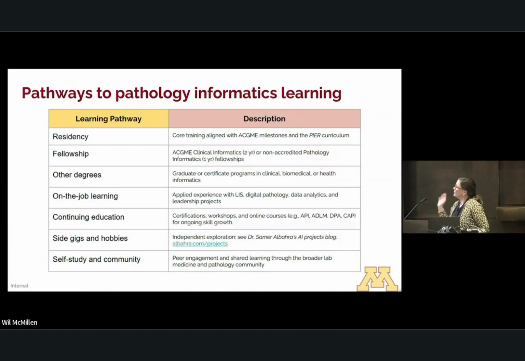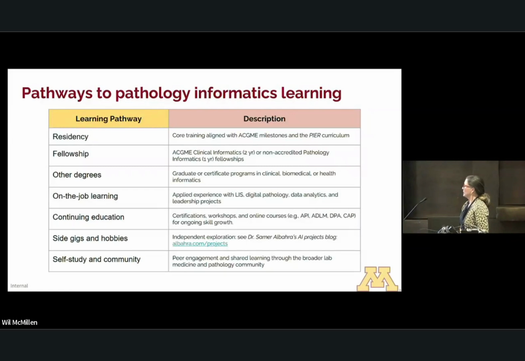So this graph or table highlights the many pathways to getting pathology informatics learning, ranging from structured content in residency, which is still not much required, to fellowship, acknowledging that most trainees are not going to pursue a full year or two of fellowship.